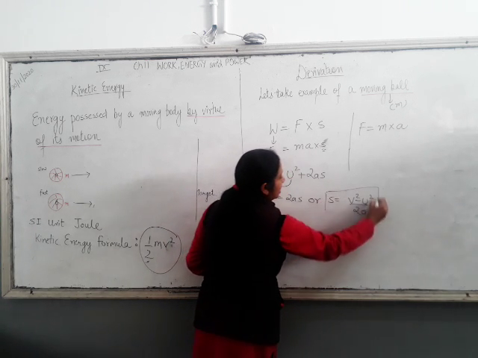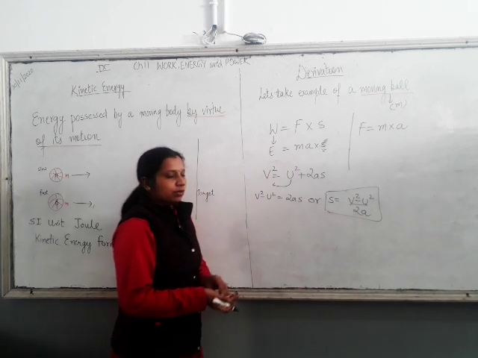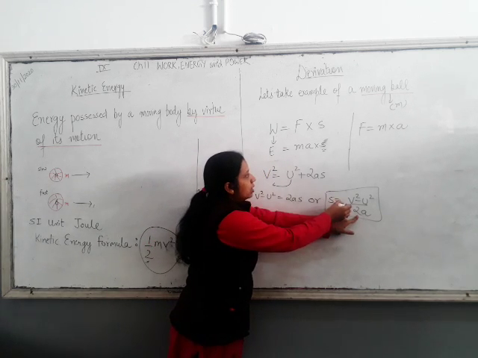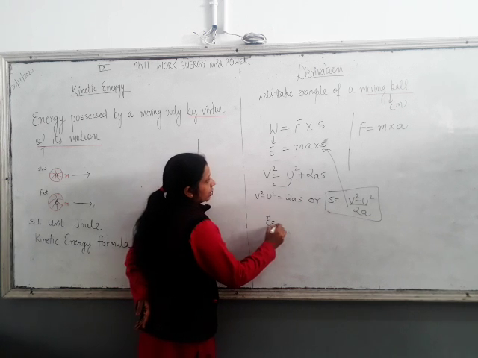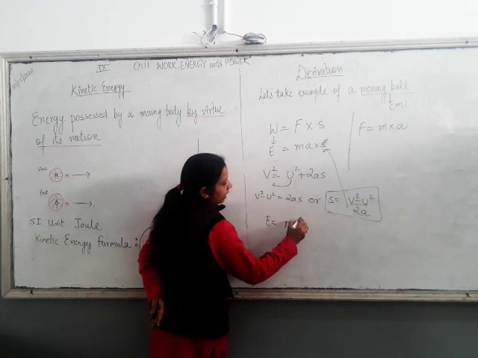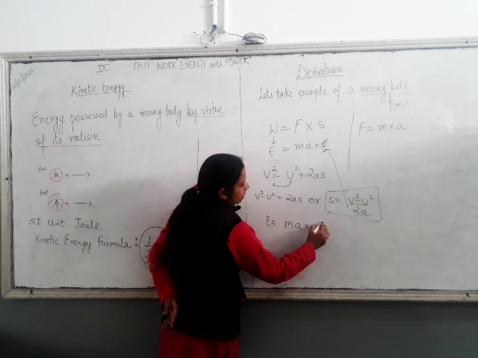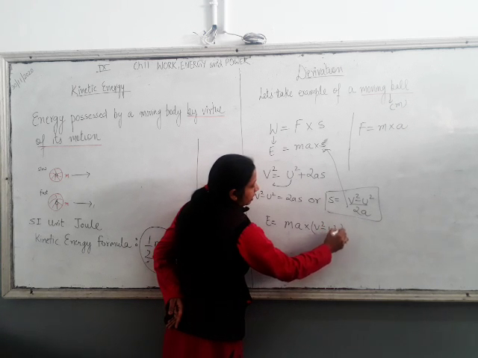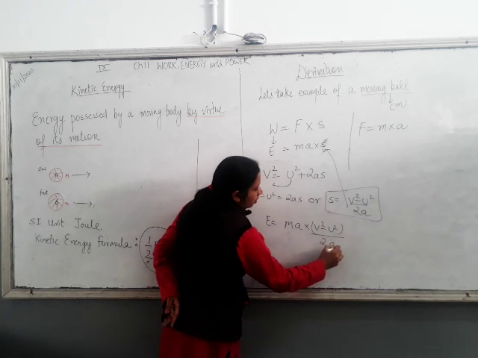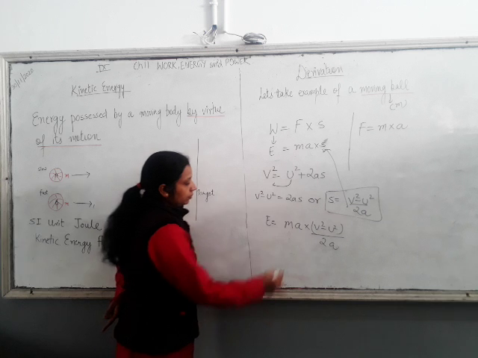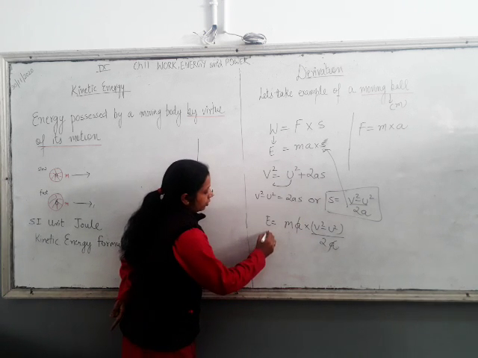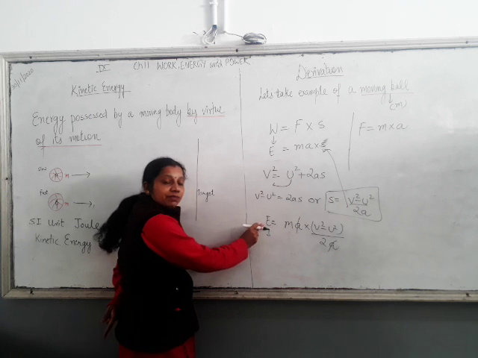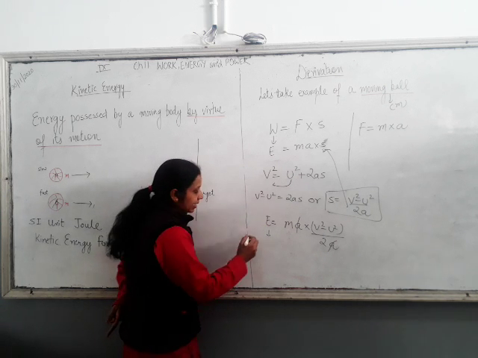Now I have s in terms of v, so I am going to substitute it here. Your energy is equal to m a times, instead of s, v square minus u square upon 2a. So this a and this a get cancelled. The name of this specific energy is kinetic energy.